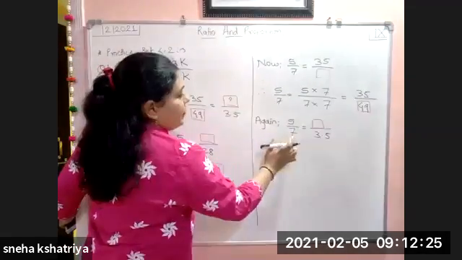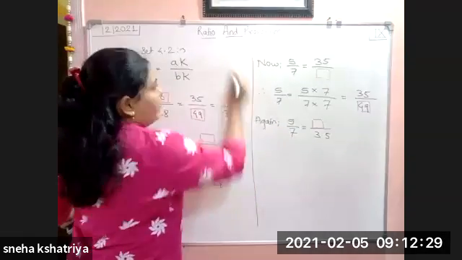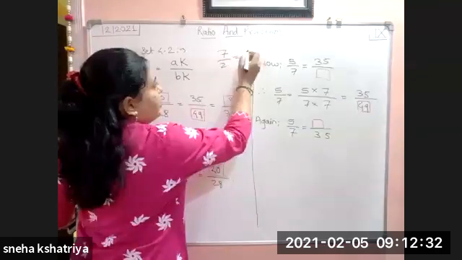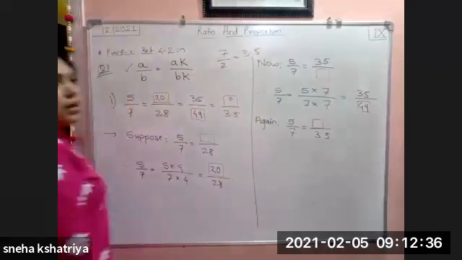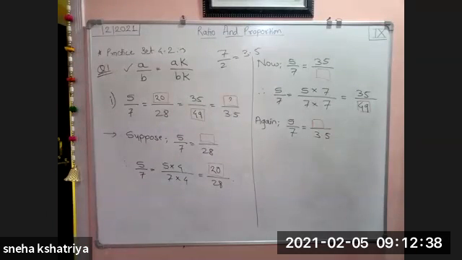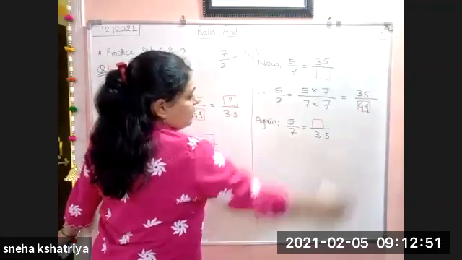See here, if you divide 7 by 2, what will you get? 3.5. If you divide 7 by 2, you will get the value 3.5. The same we will do at the numerator. We will divide 5 by 2. Whichever is easy for you, that you can find. So it is simple. 7 half is 3.5.